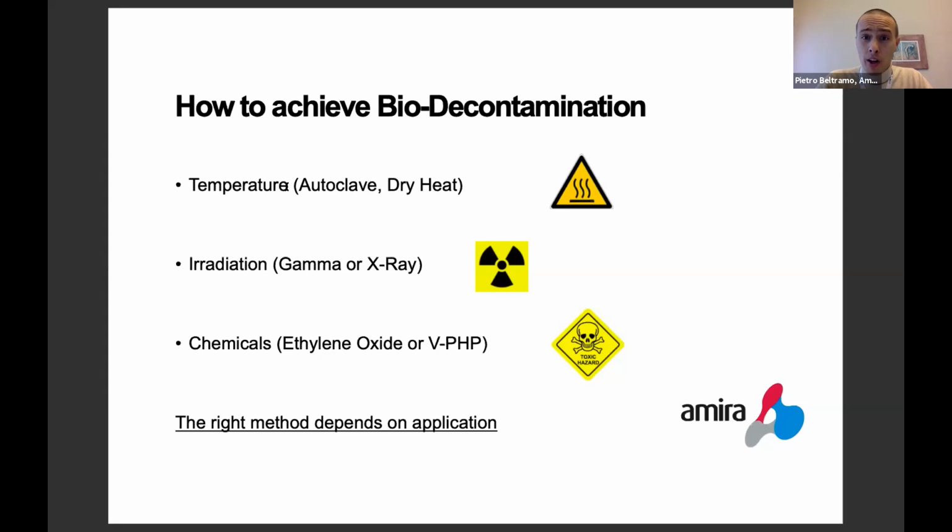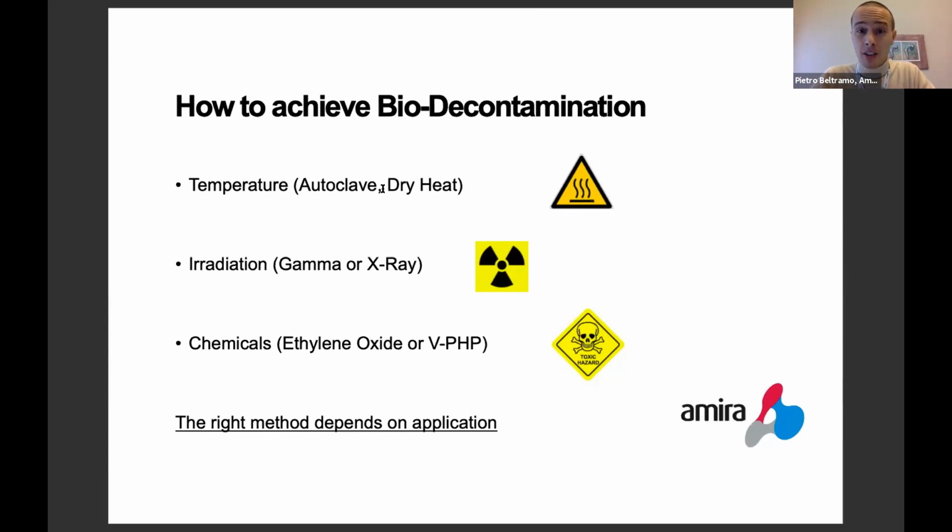Like I told you before, there are different technologies, different possibilities. I mean, biodecontamination or sterilization you can do through temperature, with gamma radiation, or with chemicals. Those are all nice methods. But you cannot put your clean room into an autoclave.